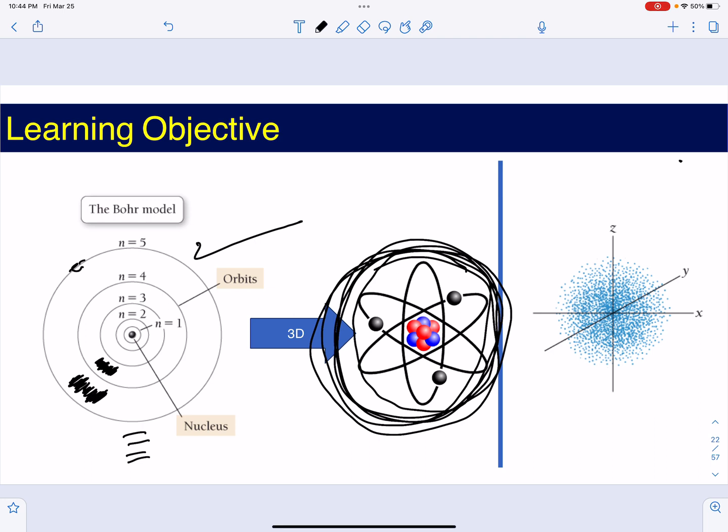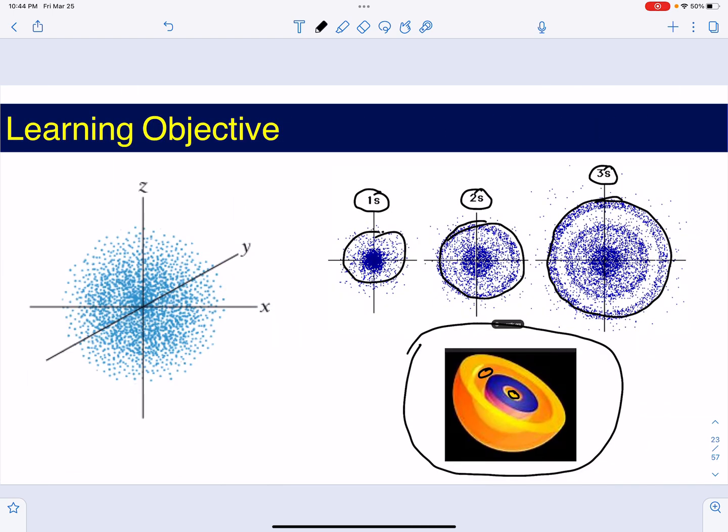It has to be on a level. It cannot be in between levels. That would be like going up the steps and standing in between the steps. Impossible. So that's how we're going to understand the position of the electrons.